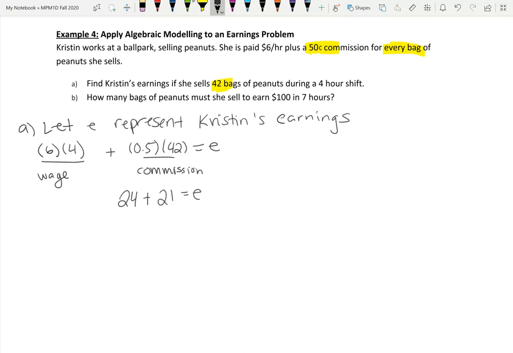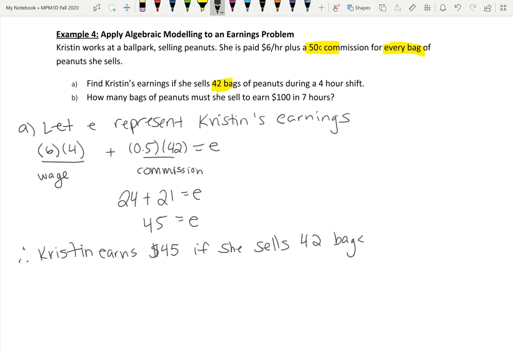And then 24 plus 21 is 45. Therefore, Kristen earns $45 if she sells 42 bags of peanuts in 4 hours.